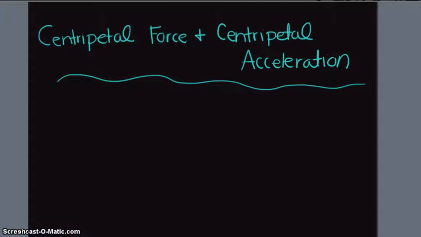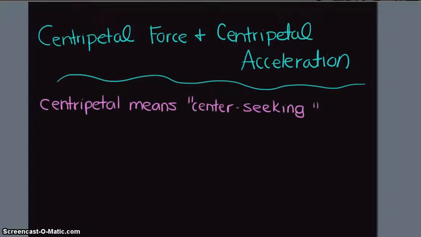Hello everybody. In this video we're going to take a look at the idea of centripetal force. In yesterday's class and in the last video we were able to find this idea of centripetal acceleration.